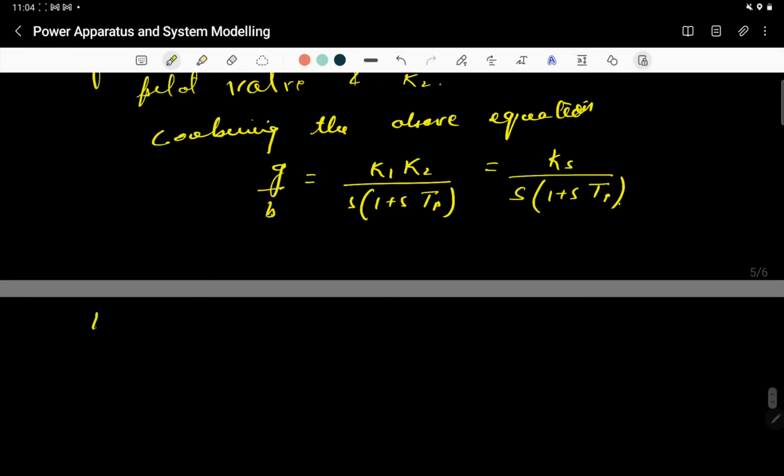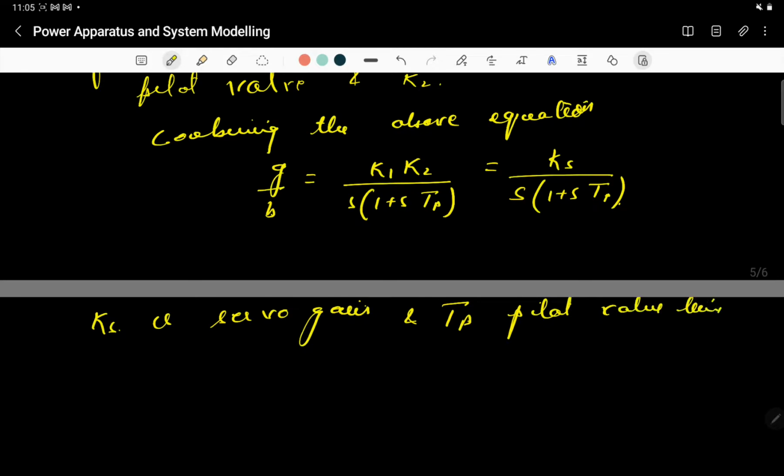Ks is simply the servo gain, and TP, as I have already told you, is also called the pilot valve time constant. Okay, the servo gain Ks is determined by the pilot valve feedback lever ratio.